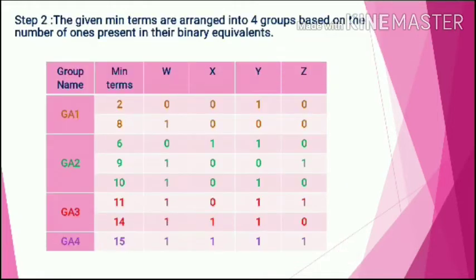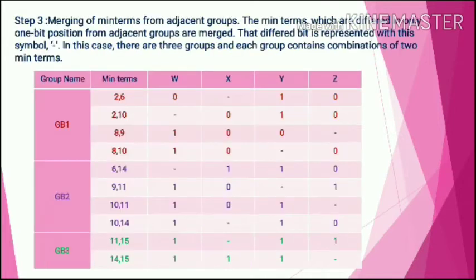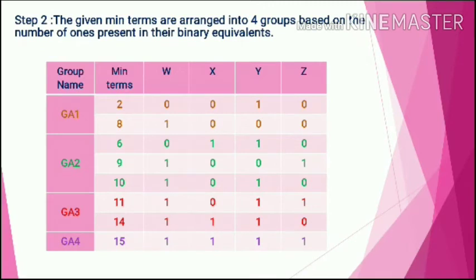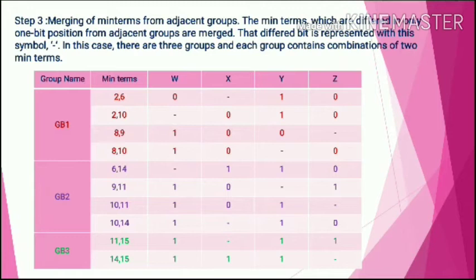The next one, 8 and 9: the first 3 bits are the same and only the last bit changed, so put a hyphen for the last bit. And then the next pair, 8 and 10: here only the third bit differs, so put a hyphen in the third bit. In this way, you can form the groups.